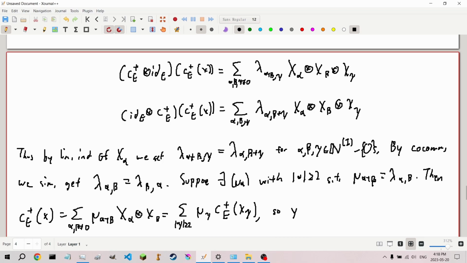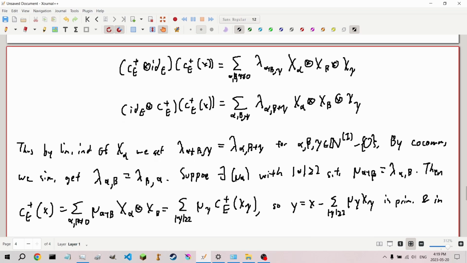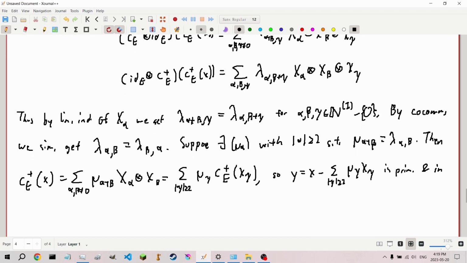So y, being equal to x minus the sum for gamma at least 2 of mu gamma x_gamma, is primitive, and therefore in the primitives of E, within the image of F_E.